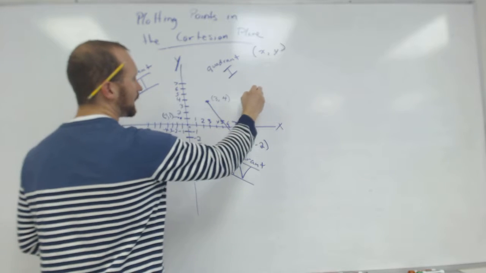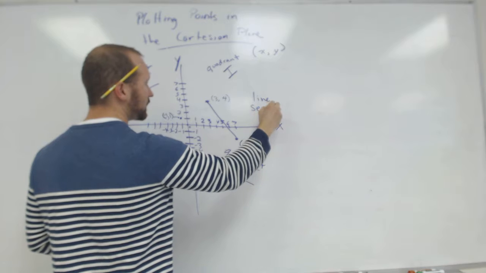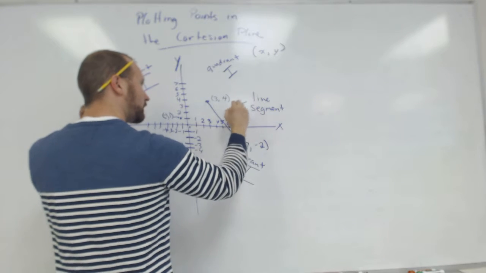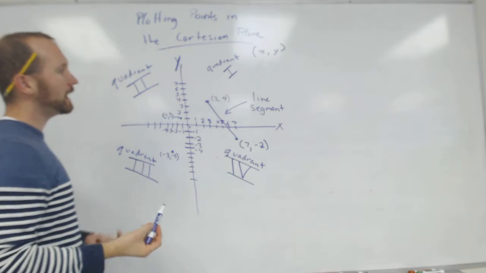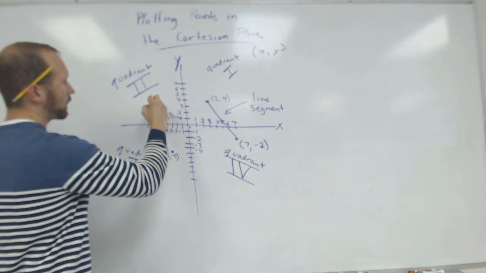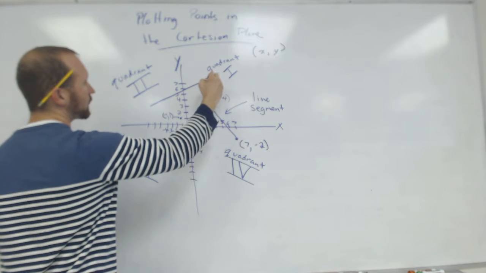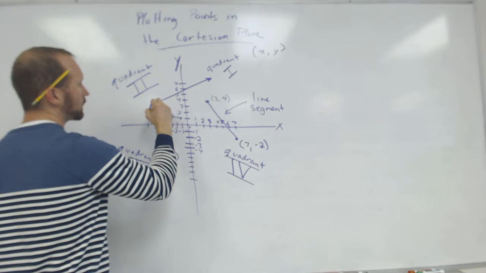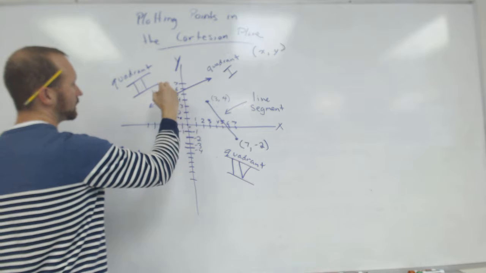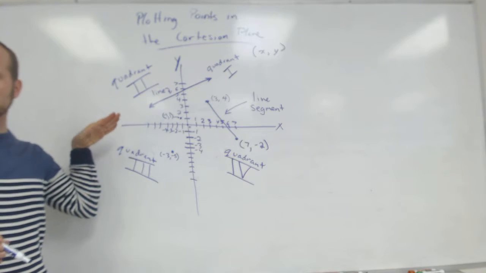This is called a line segment because it's only part of a line. A line would be something like this. Maybe it starts here and goes here, but on the ends I would write arrows. This is a line because it goes on forever in both directions.